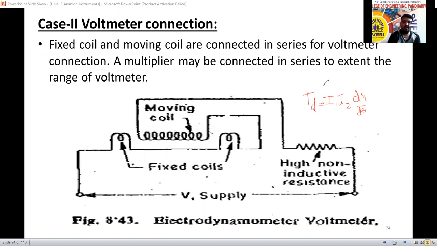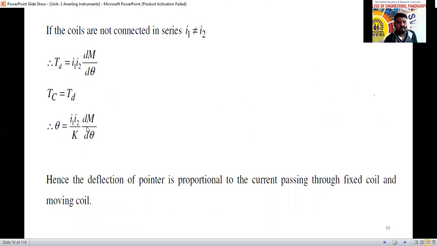If I1 and I2 are both the same, then we can use I square. But only in rare conditions do we consider I1 not equal to I2. On that condition, TD equals I1 into I2 dM by d theta. We have already derived this equation in the previous derivation.